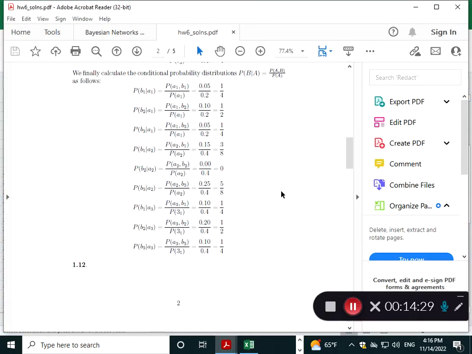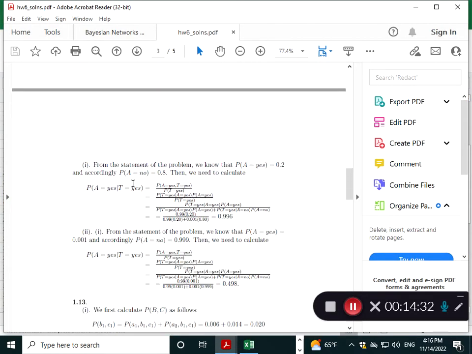Here is the problem for the second one: I say yes, and the test is yes, and A is yes. But T is yes could be what? T is yes given that A is yes, and given A is no.